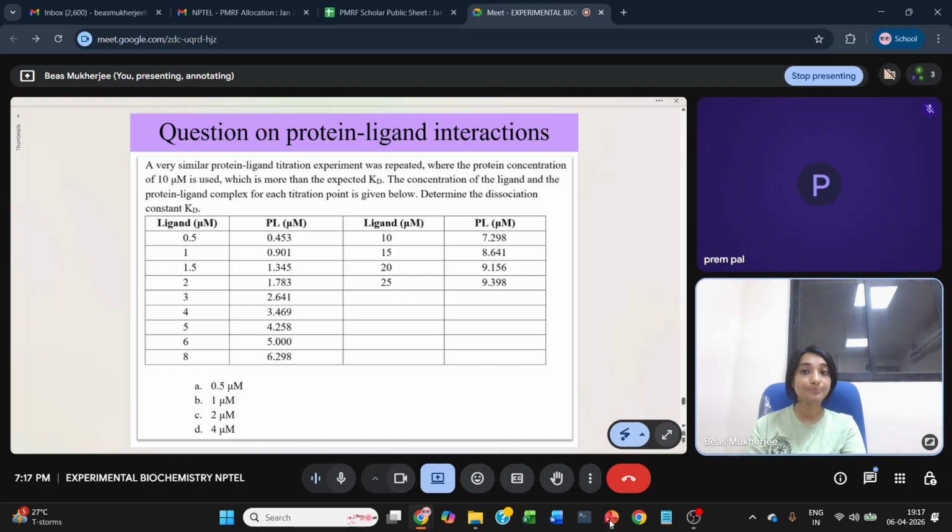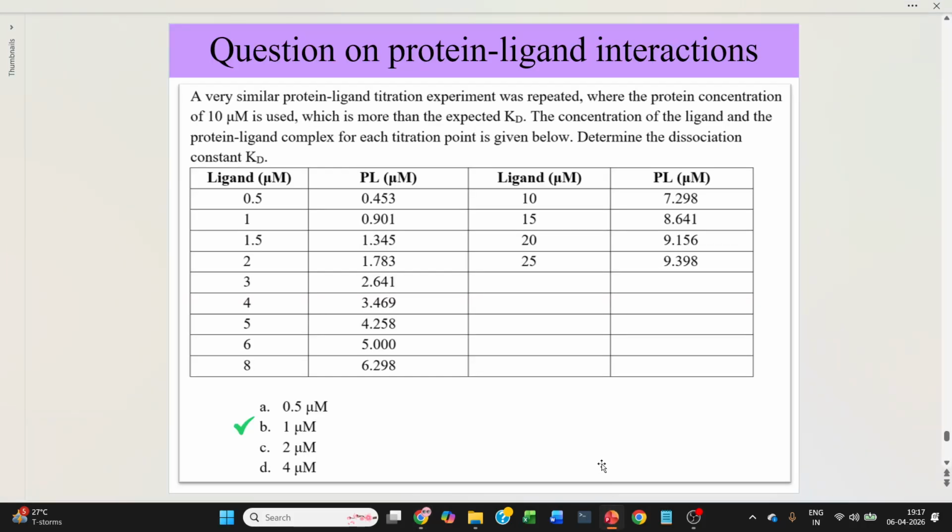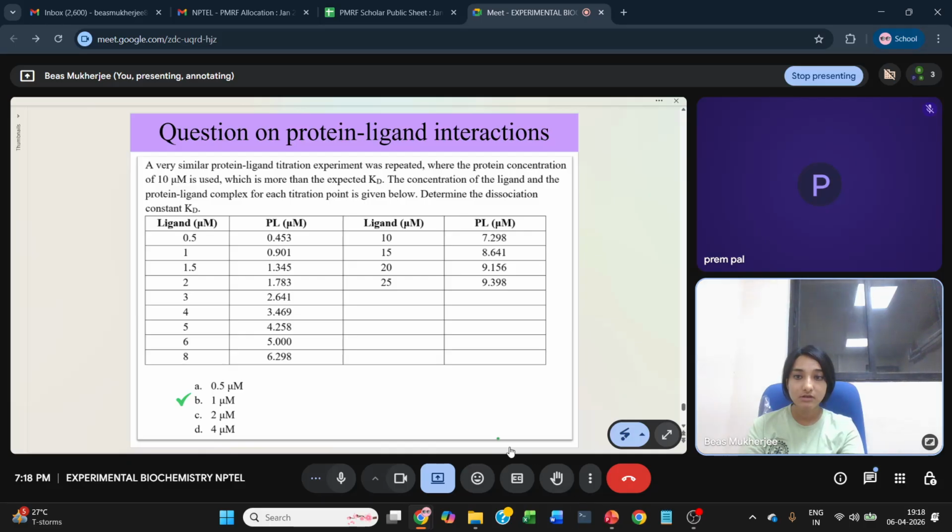So if you remember the formula for Kd, then you will be able to answer this. Free ligand concentration is given, and you will have to find out Kd and the bound fraction, and then you will be able to answer. Okay. So basically the right answer would be 1 micromolar.